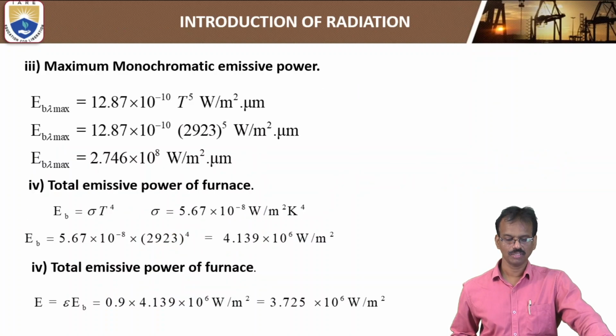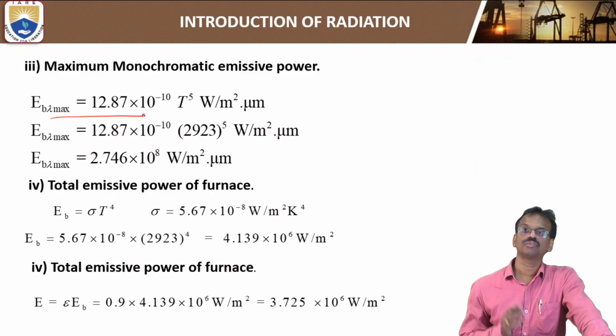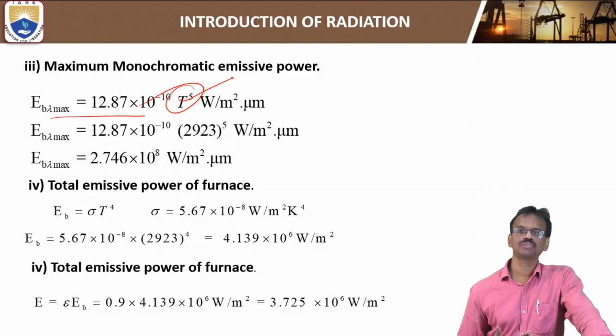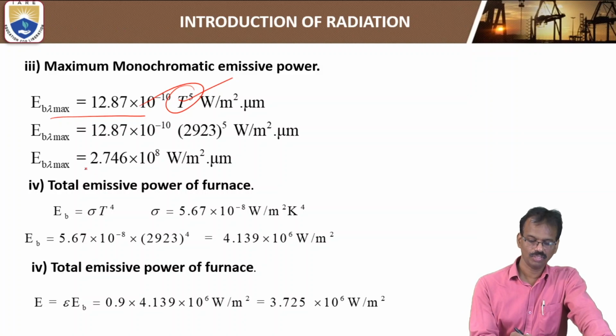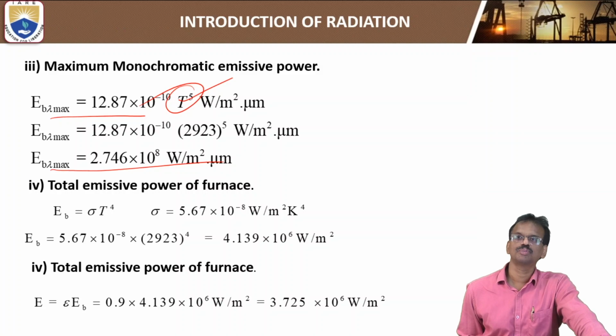The formula by Wien's law is 12.87 into 10 to the power of minus 10 times T to the power of 5. You know the value of temperature. If you substitute it here, we will get the maximum monochromatic or spectral emissive power.